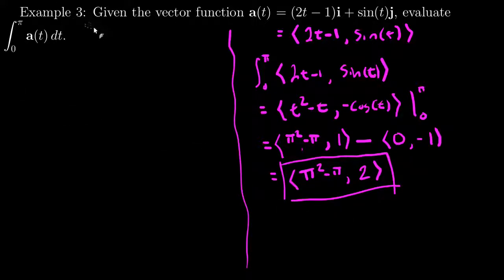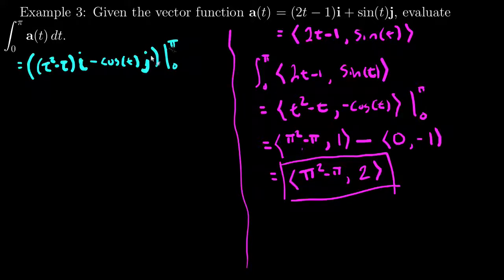The other option, which is probably the better option for this problem because we're given the sum of the unit vectors anyway, is to go through and do the integral of this, which will be, the antiderivative of that is still t squared minus t i plus, antiderivative of sine is negative cosine, so I have minus cosine of t j, and I can evaluate this from 0 to pi, and it does the same thing.